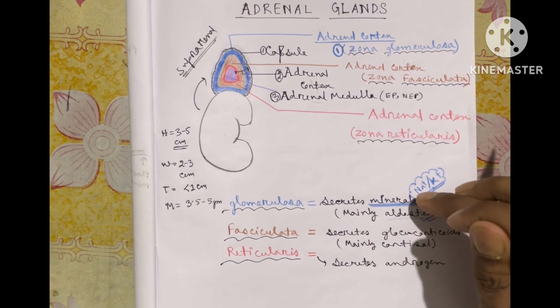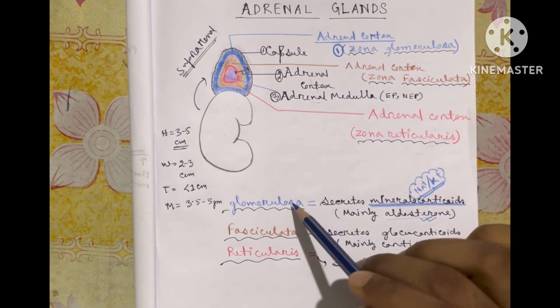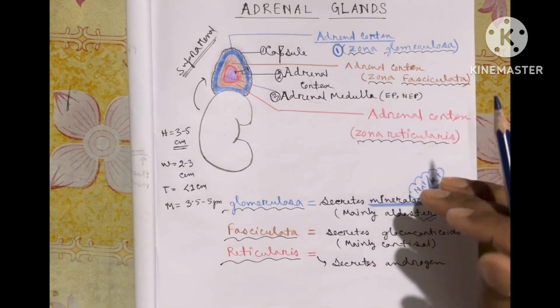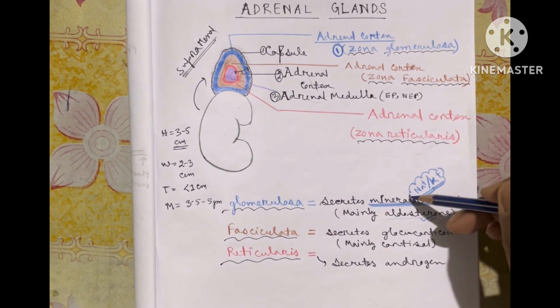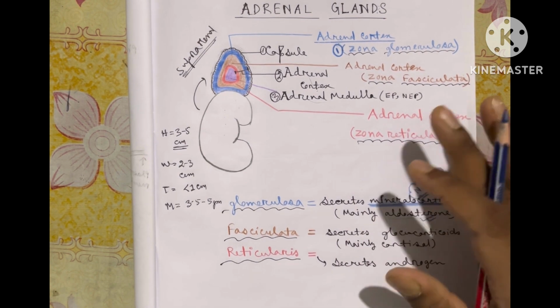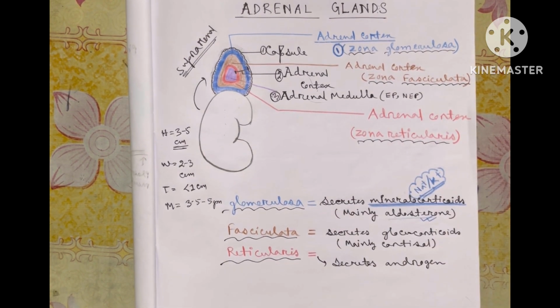In the absence of aldosterone, mostly sodium and potassium become imbalanced and the person may die. That's why it is very important.